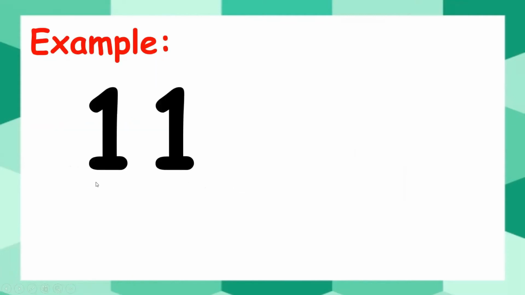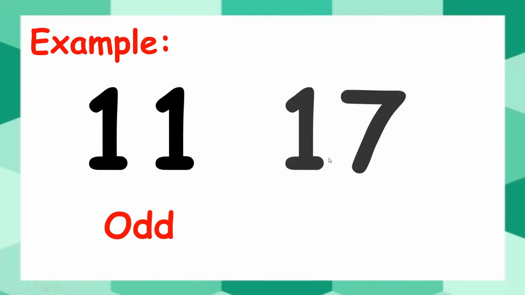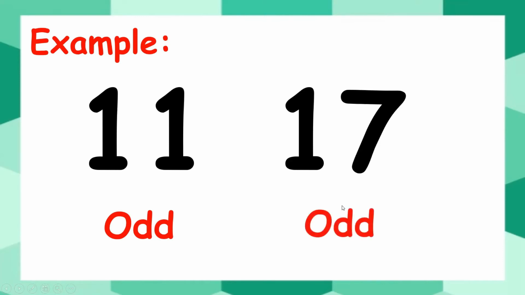This is number 11. Number 11 has 1 in the ones place. So this is called an odd number. Second example we have here, number 17. Number 17 has 7 in the ones place, so that is called an odd number.